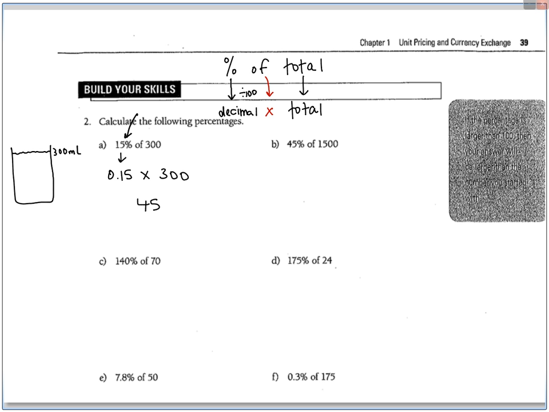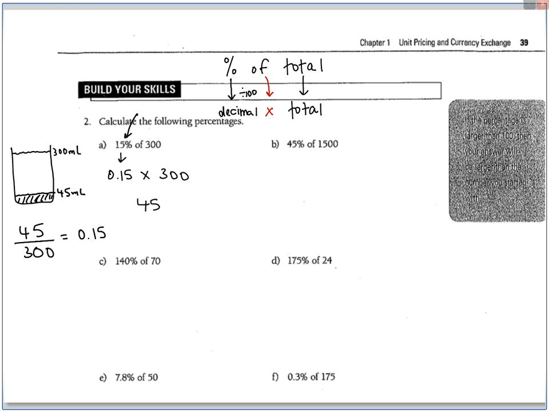So 15% wouldn't be that much. Probably be like this much. So they would say that this would be the 45 milliliters. Okay, just a small percentage of 300. Okay, and then you could double check your answer by going 45 divided by 300. You should get 0.15.